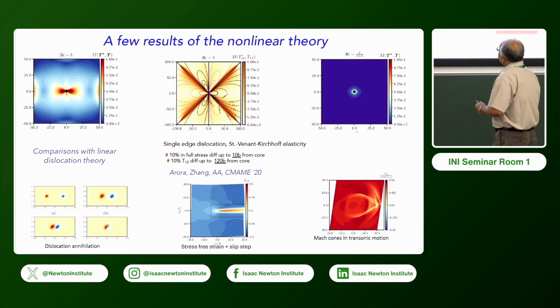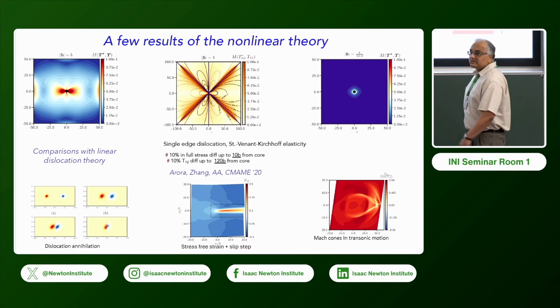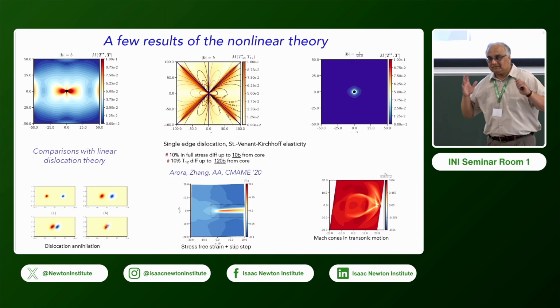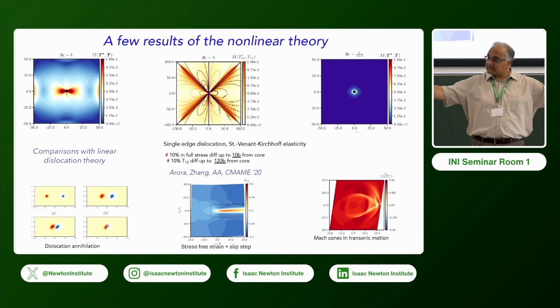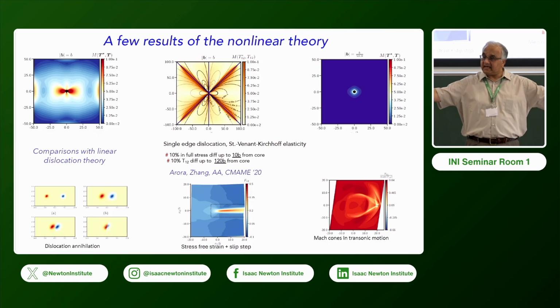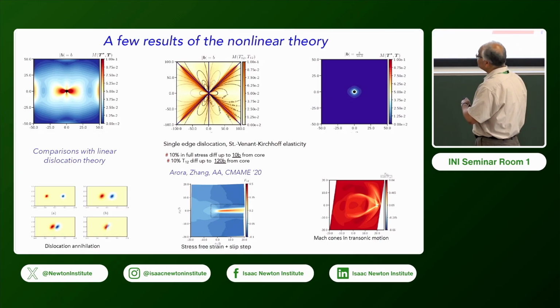The other one is the edge dislocation, in the shear stress. Lots of people will show you the nonlinear elastic field and the linear elastic field, and they show you the shear stress field on the x-axis: no difference, zero difference over here. This is also a plot of the differences.